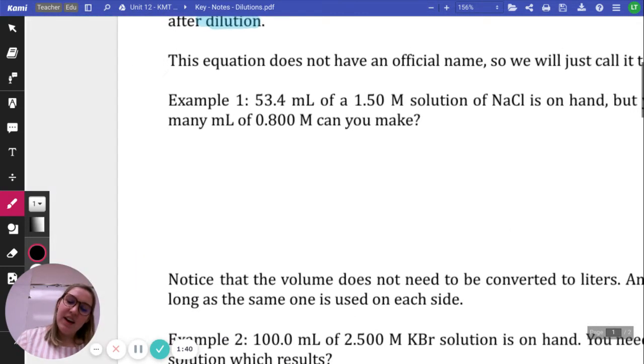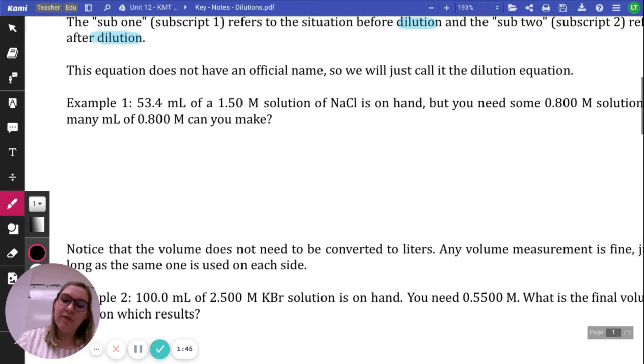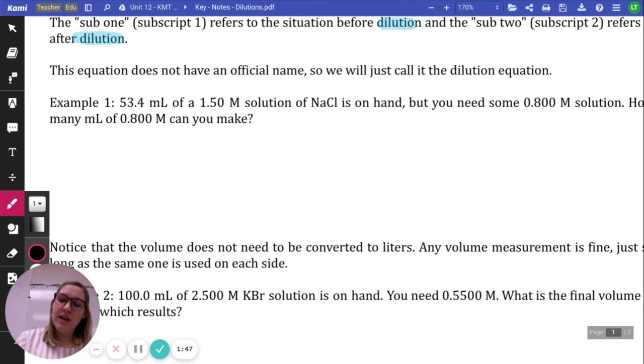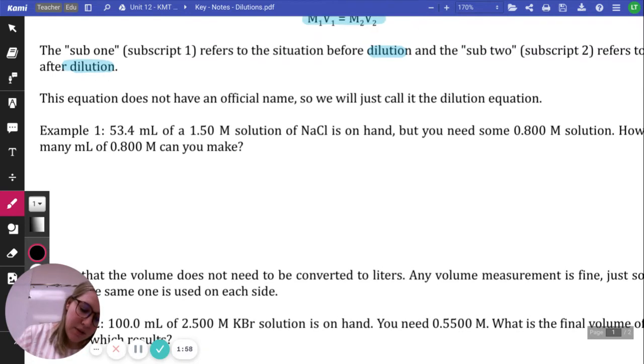So you have 53.4 milliliters of a 1.5 molar solution of NaCl, but you need some 0.8 molar solution. How many liters or milliliters of 0.8 molar can you make? All right, so let's see what we've got. We've got 53.4 milliliters.